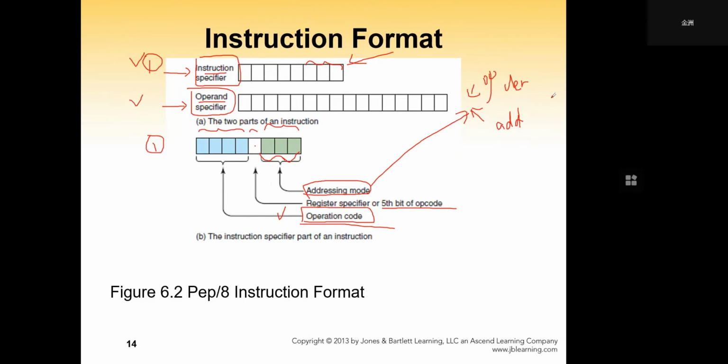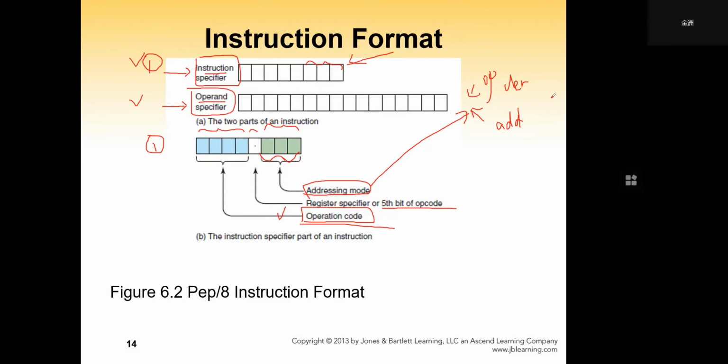So let's continue to talk about the instruction format. As we said, the format of an instruction is constructed in 2 parts. The first part is the first byte, 8 bits. The first byte indicates which operation is to be executed, for example, add a number to a value already stored in the register, and how to interpret where the operand is.